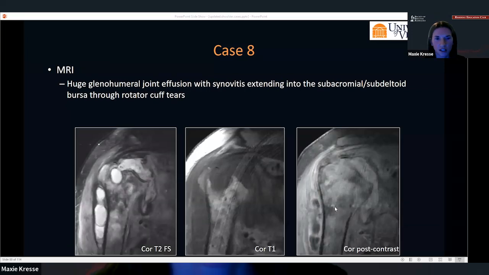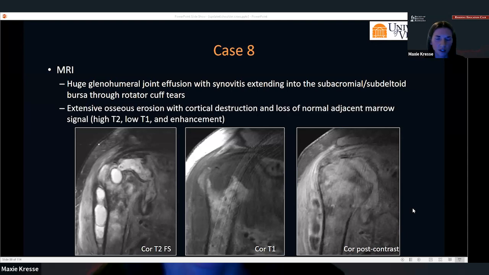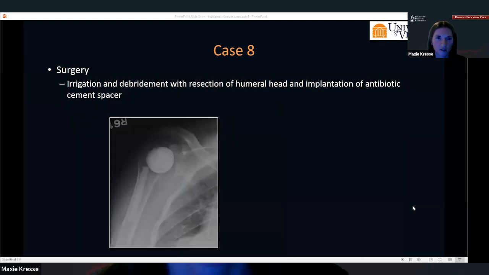The MRI on this case had a large joint effusion, synovitis, extending through rotator cuff tears. You can see the marrow is very abnormal, bright on T2, dark on T1, has some enhancement, a lot of osseous erosions. They did do surgery.